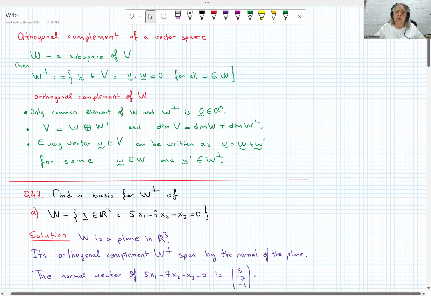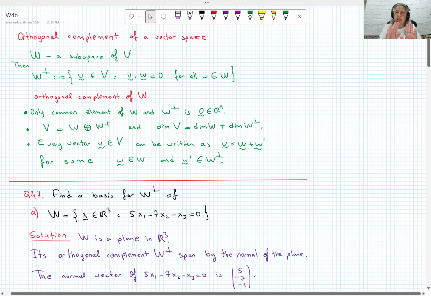All the common elements of W and W complement is the zero vector. So this is a known fact. And another very important one, and this is the crucial part in the definition of a direct sum, is that the intersection of W and the orthogonal complement of W is only the zero vector.